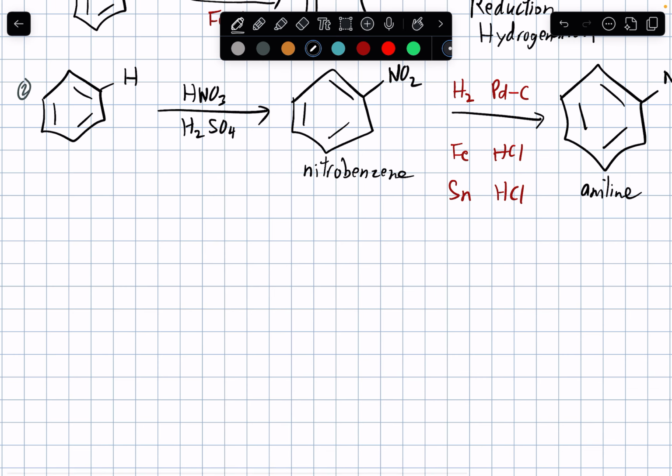Let's move on now to the third. By the way, for each one later, I'll be discussing the mechanism. That's one of the beefiest parts of this topic. It's pretty long. The good thing is there is something similar, something consistent, that makes it not so difficult to memorize.